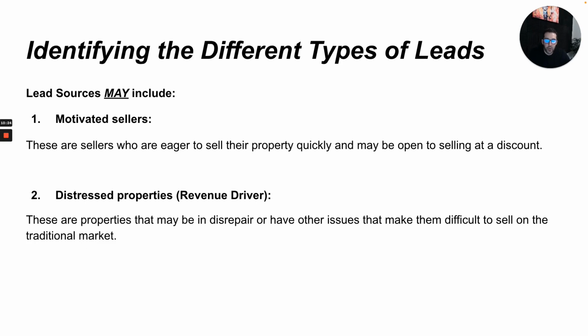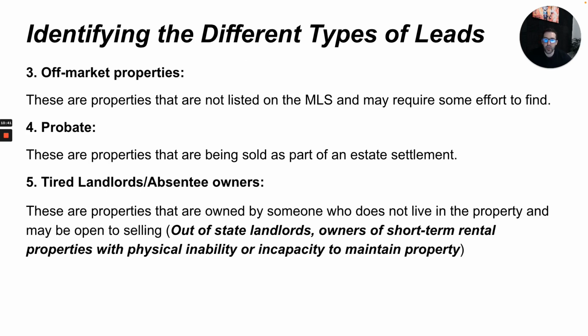So when we're talking about motivated sellers and distressed properties, these usually go hand in hand. And these are the ones we are looking for. We want to be looking for these because we have a very strong negotiating point to get a discount on that property.